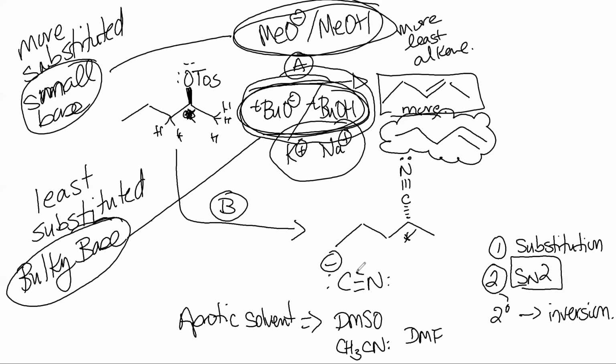It's not like a normal carbon with a negative charge. This is an sp hybridized carbon, so it's stabilized by that type of orbital. In addition, it's attached to a nitrogen, which stabilizes it through induction, through electronegativity.